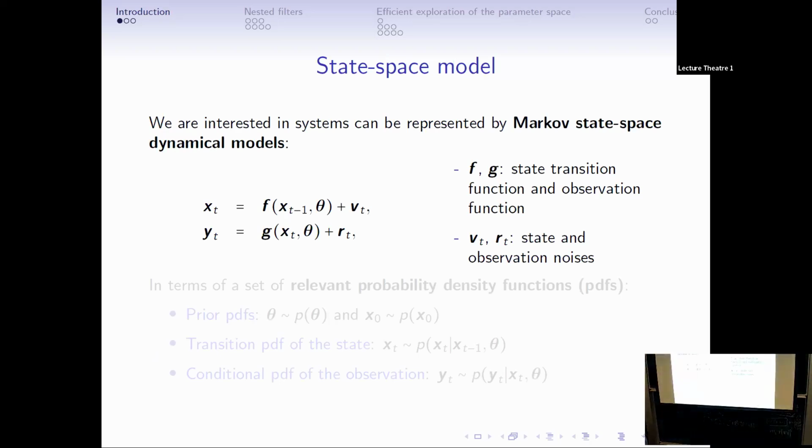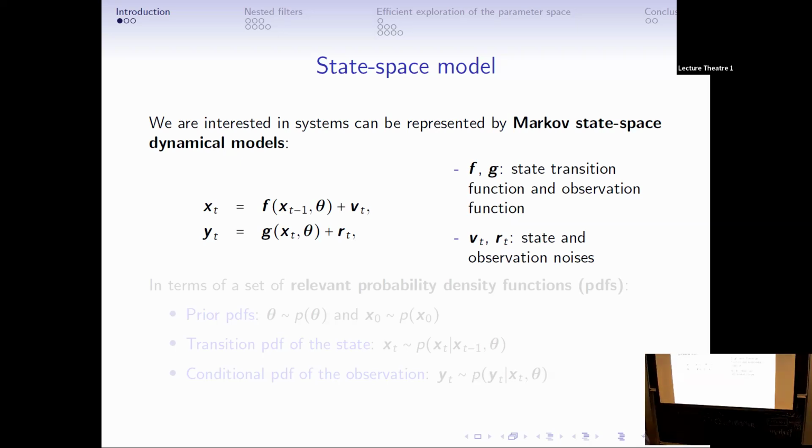The systems that we are interested in are Markov state space dynamical models that have a state that evolves with time, x, described by a function f that depends on the previous state and a set of parameters theta, and a set of observations y_t described by a function of the current state and also the parameters.